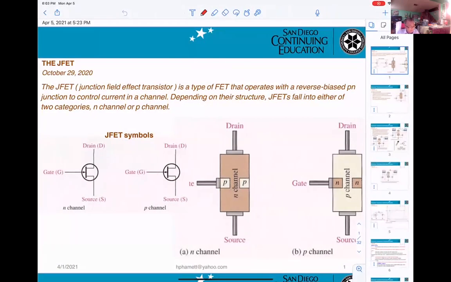Okay, we are already done with the bipolar transistor. We are already done with the operational amplifier. And this is the last chapter really that every technician must understand.